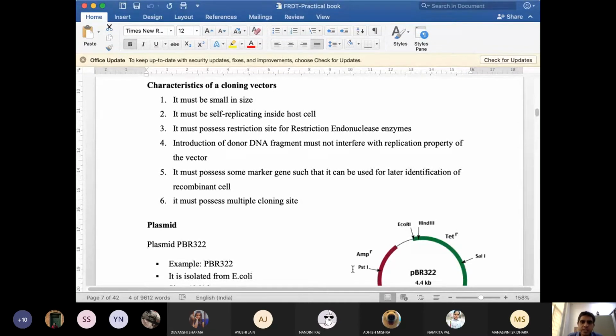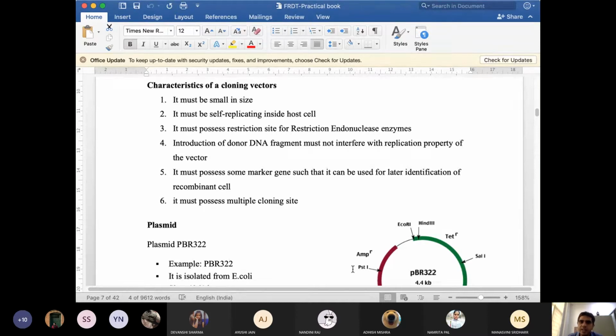Okay, the next property is that it must possess some marker genes. As I mentioned, your glasses must be clear so that from outside I can see. Here it is DNA, we can't see it by eye, so we need markers with which we can see whether your gene of interest is uploaded or not.